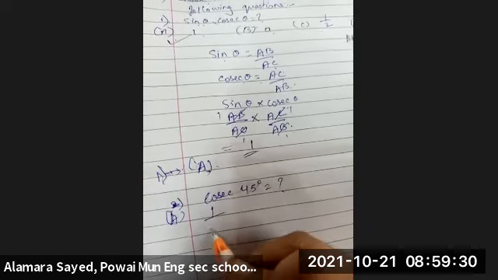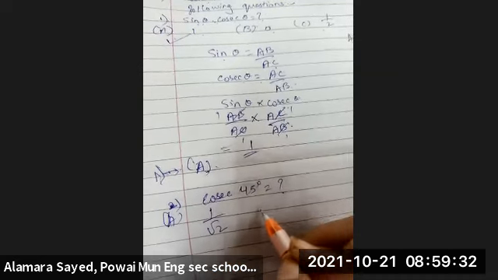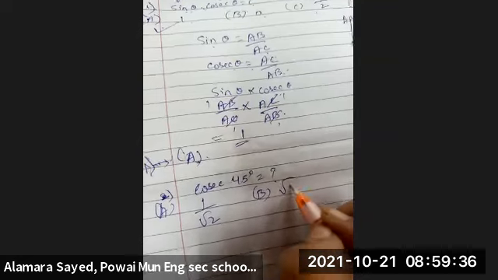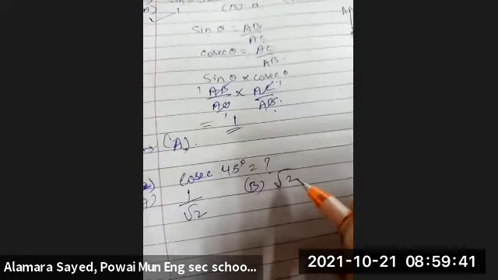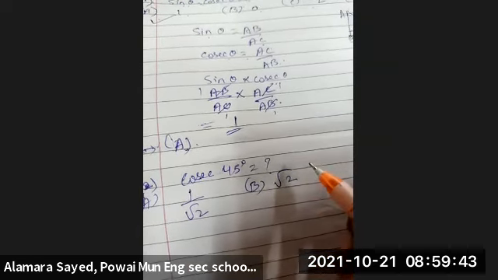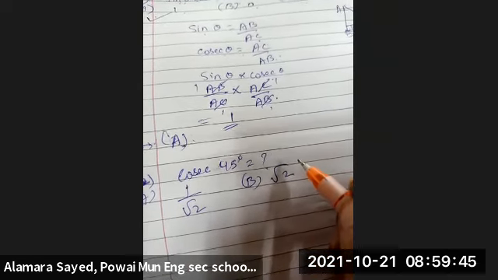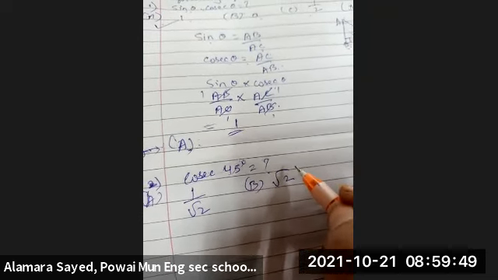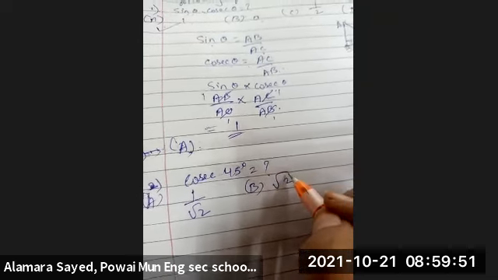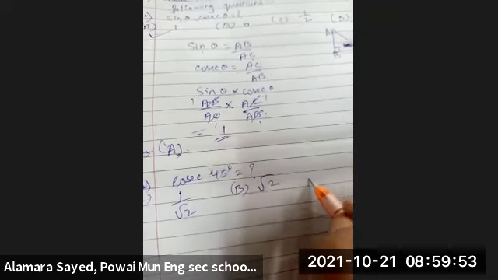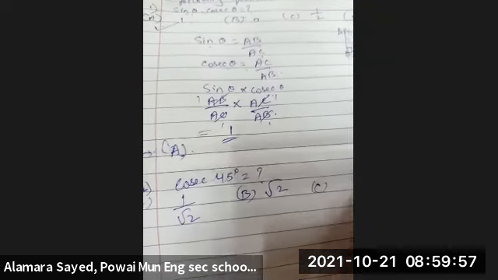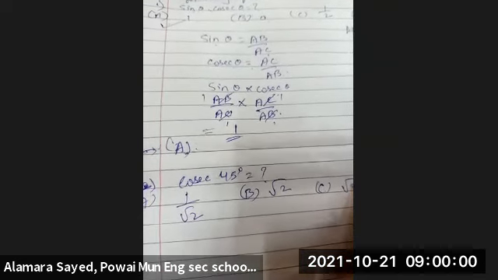As you know the table, with degrees 0 degree, 30 degree, 45 degree, 60 degree, 90 degrees, the trigonometric ratios are also given there. Just see what cosec 45 degree is in the table and find it out.